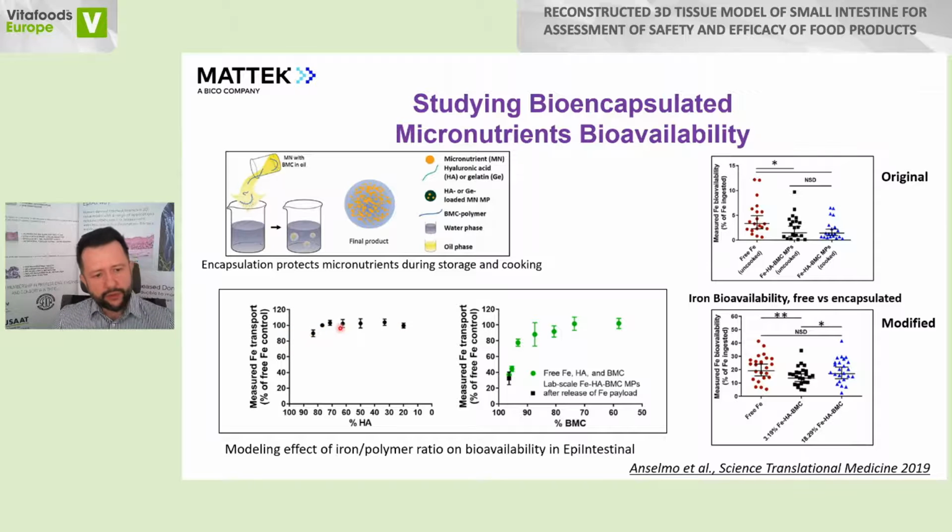And actually, they have shown that while hyaluronic acid didn't change the absorption too much, the percentage of the butyl methacrylate was actually very important, as when they used the original ratio of iron and the BMC, the bioavailability was at about 30%, while if they were decreasing the ratio of the BMC, the bioavailability increased quite considerably.